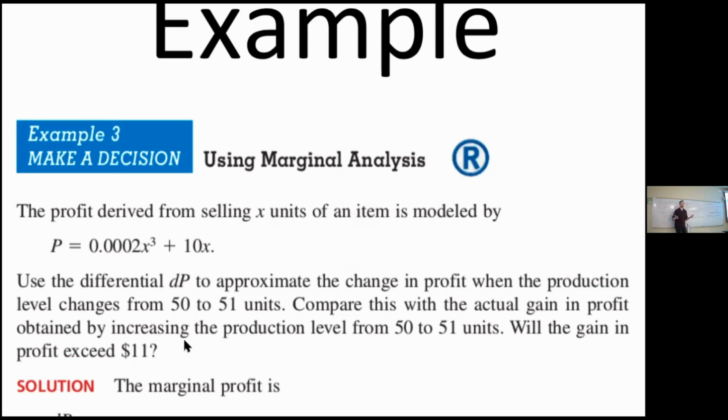Right? Because delta x is 1. So all I've done here is I went ahead and said if x is equal to 50, add 1 to that, you get 51. Subtract p of x, well, that's just p of 50.